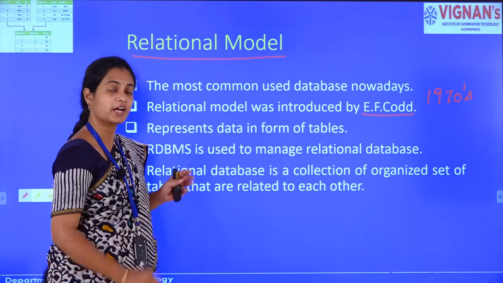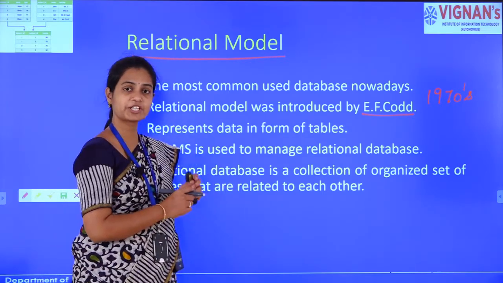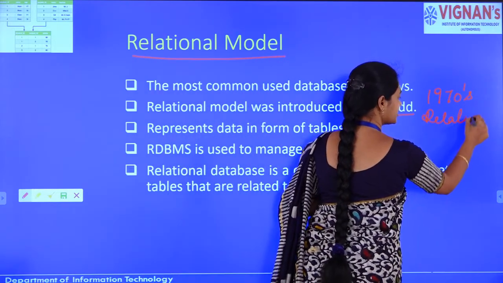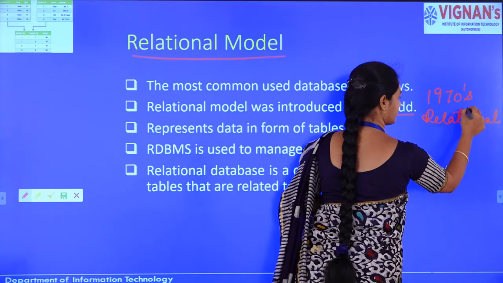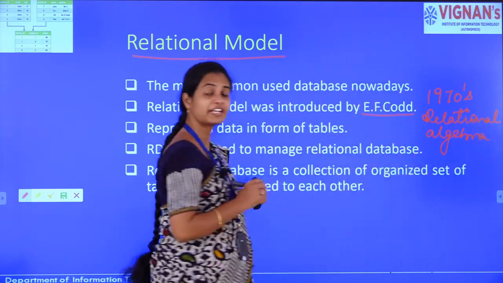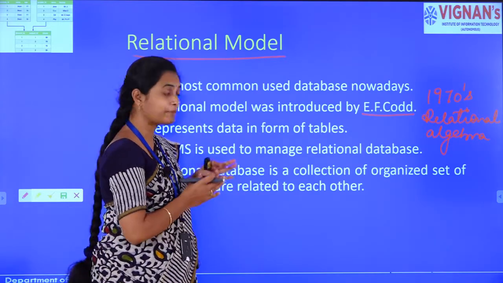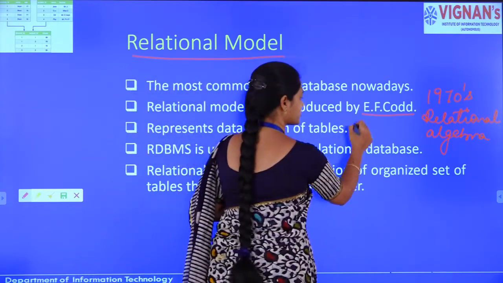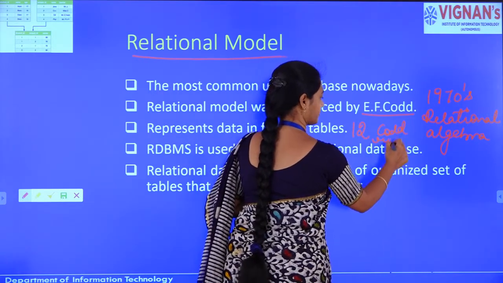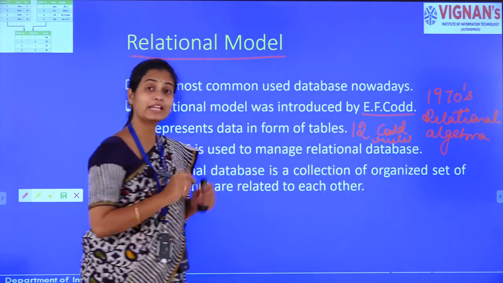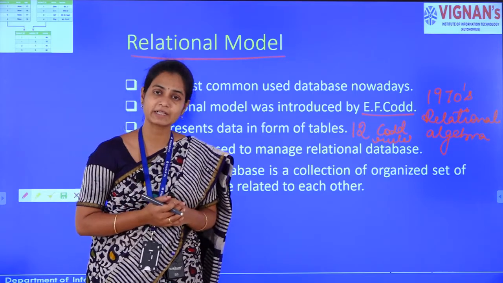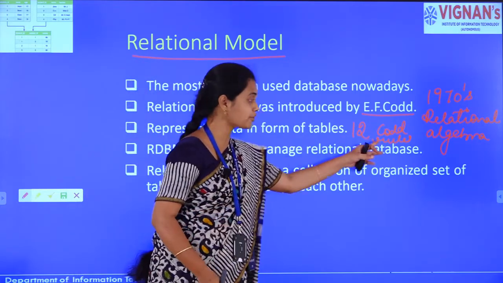In a journal he published a paper using relational algebra, where he proposed 12 Codd rules. Using simple mathematical functions, he proposed all these rules.